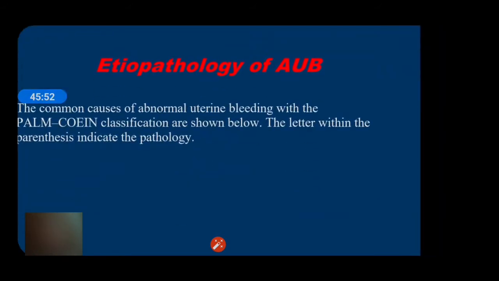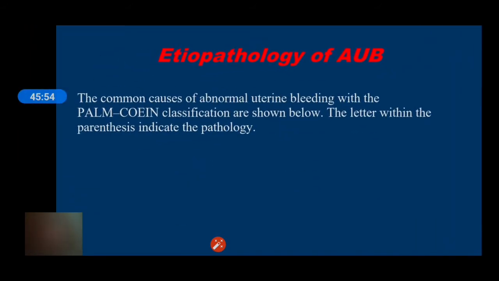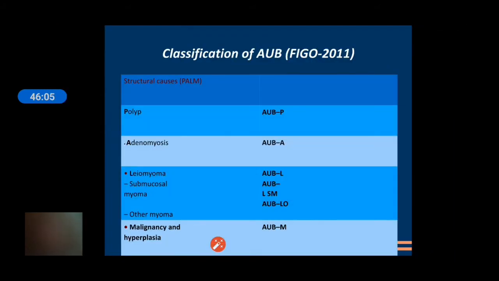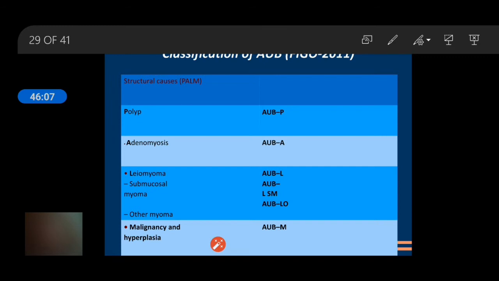So the etiology of AUB: the common causes of abnormal uterine bleeding with the PALM-COEIN classification are shown here. The letter within the parenthesis indicates a pathology. See here, again this PALM-COEIN. PALM indicates the structural causes, whereas COEIN indicates the functional causes.